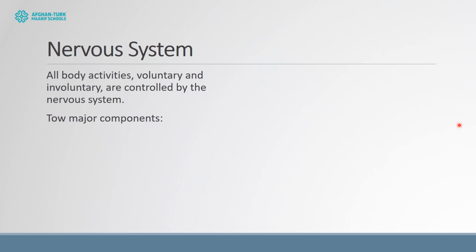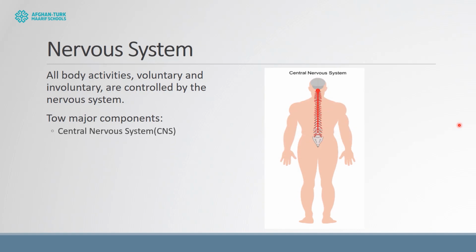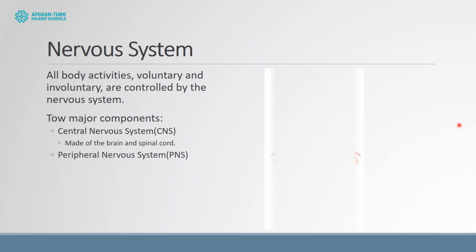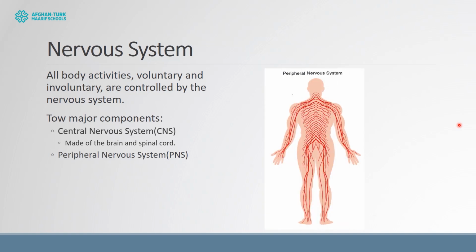They are all controlled with the help of our nervous system. It has two major components. The first one is the CNS or central nervous system, which is made of the brain and spinal cord, and the other one is the peripheral nervous system or PNS, which is made of many nerves leading out of the brain and spinal cord.